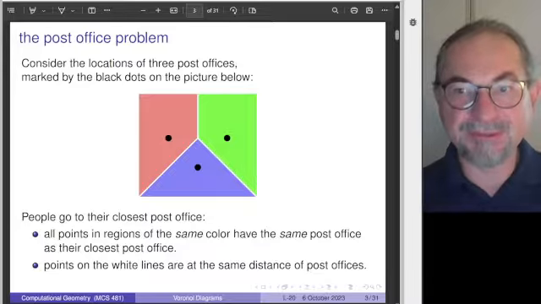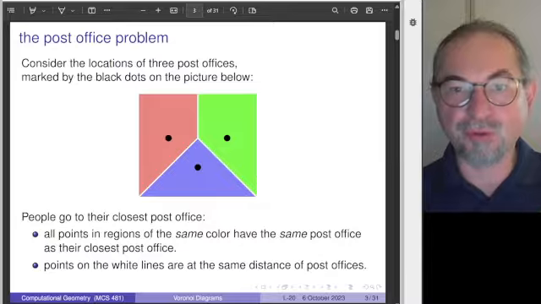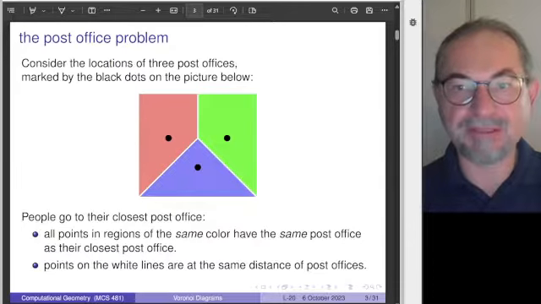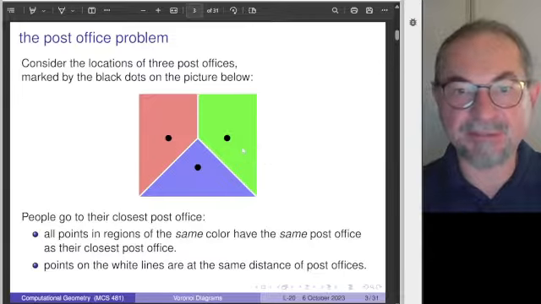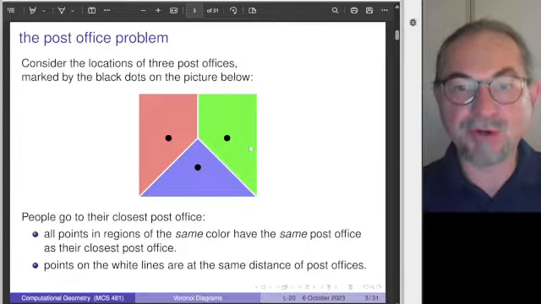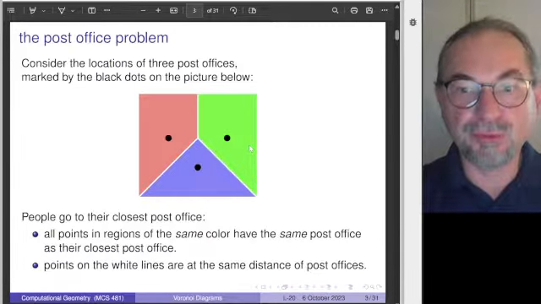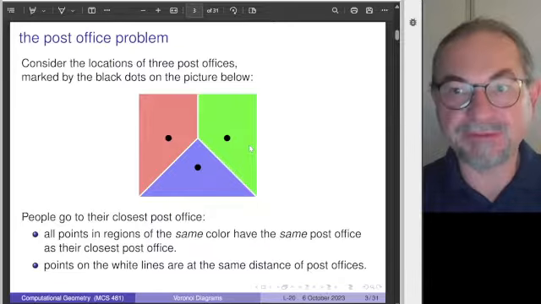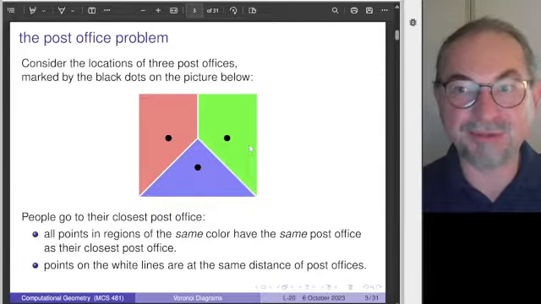The meaning of the subregion is that people in the green region go to the post office that is closest, and that is marked by this black dot. So all points in regions of the same color go to the same post office, assuming that naturally you would go to your closest post office.